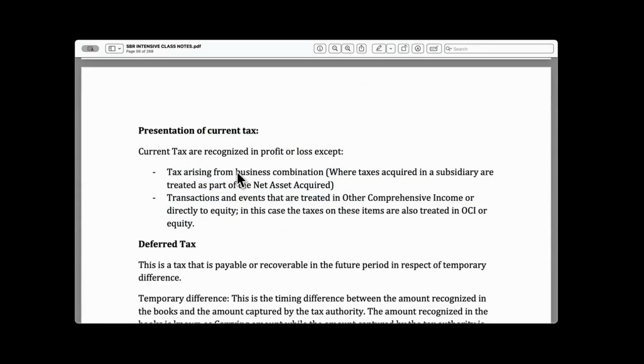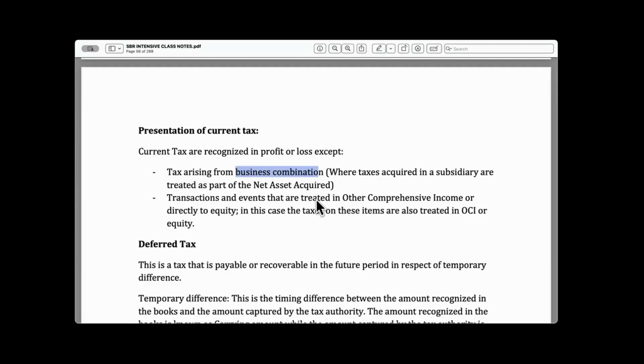If the current tax is arising from a business combination, where you acquire the subsidiary and there is current tax in the books of that subsidiary, it's something you're acquiring. So it's like a net asset acquired, which will be treated as part of net assets acquired, which will ultimately be cancelled out or consolidated. So you won't treat it in P&L. It will be used in calculating your goodwill.